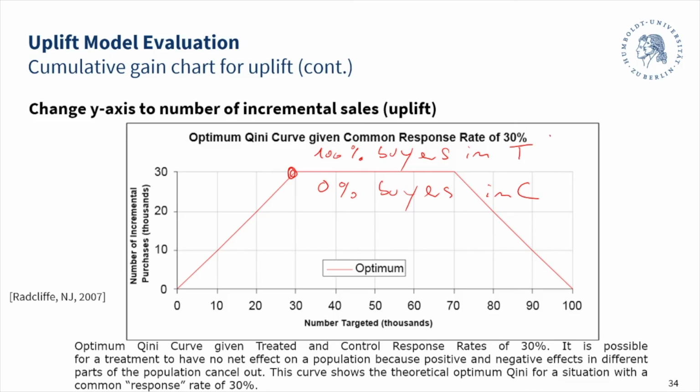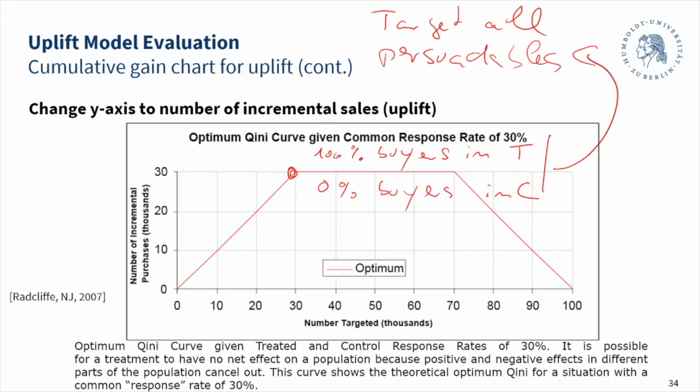You can think of this as we targeted all the persuadables, and only those. We only target the persuadables. The curve then remains stable for a while, which is when the sure things and lost causes come into play, and then it decreases once we start hitting the sleeping dogs.